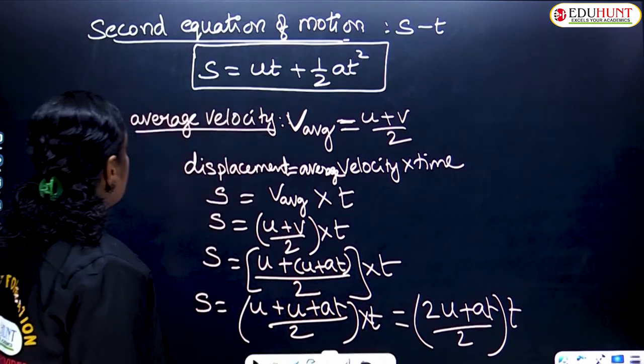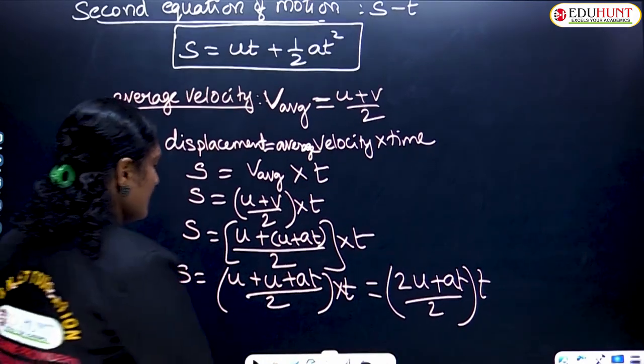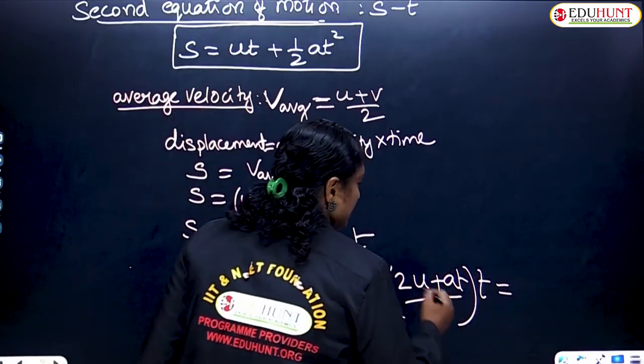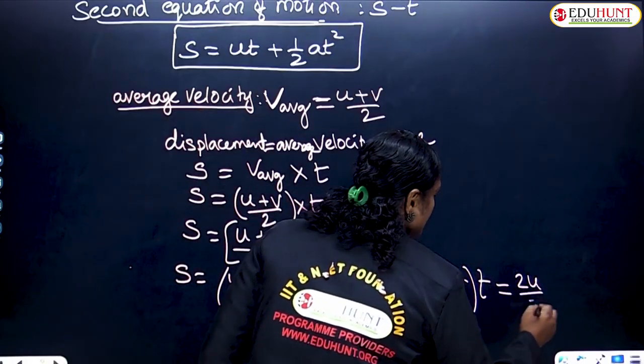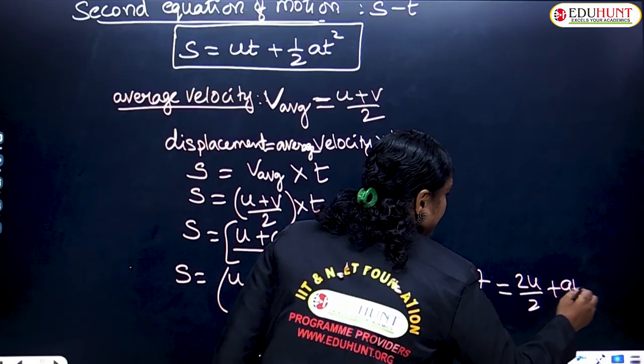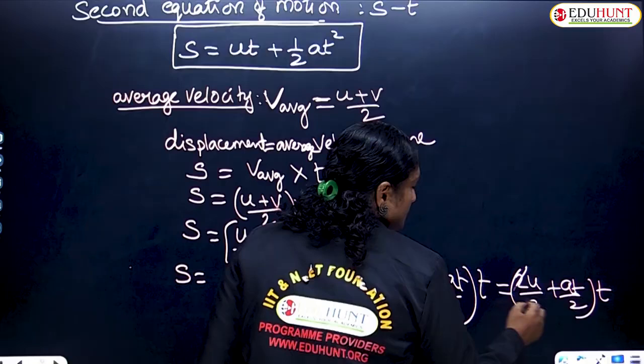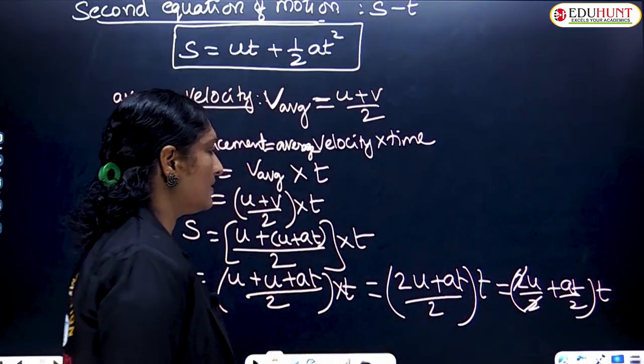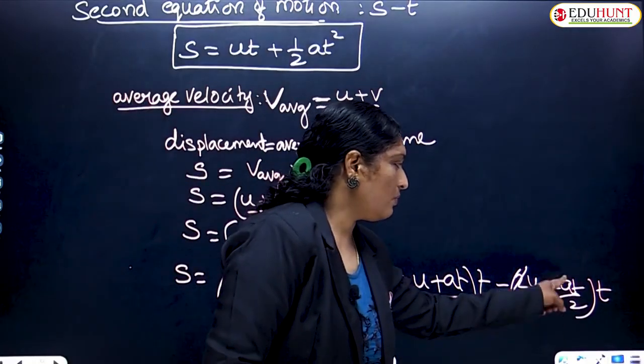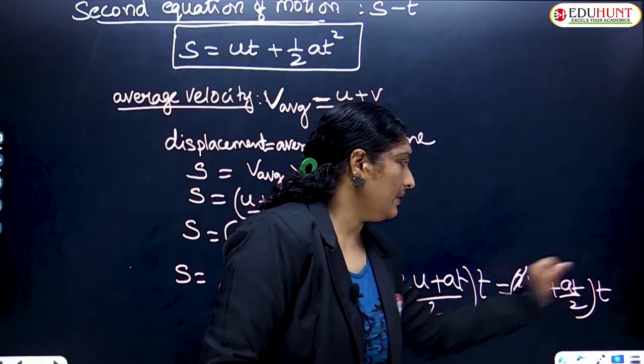For your simplicity, I'll rearrange the terms like this. This can be written as (2u by 2 plus at by 2) whole into t. This 2 and this 2 cancel. So what are you left with, children? u, here 1 by 2 at, and into t.